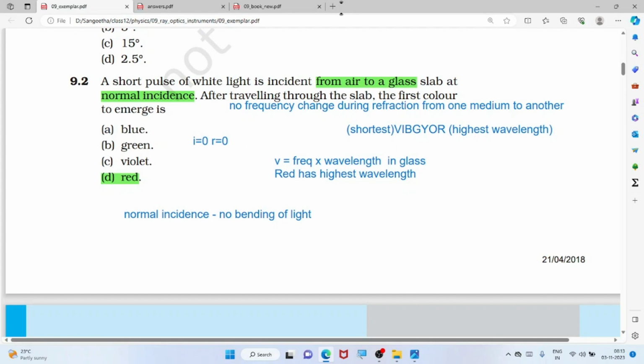In VIBGYOR, red has the highest wavelength and violet the shortest. The velocity of light equals frequency times wavelength. The wavelength is greater for red light, so red will come out first. Normal incidence means no bending of light.